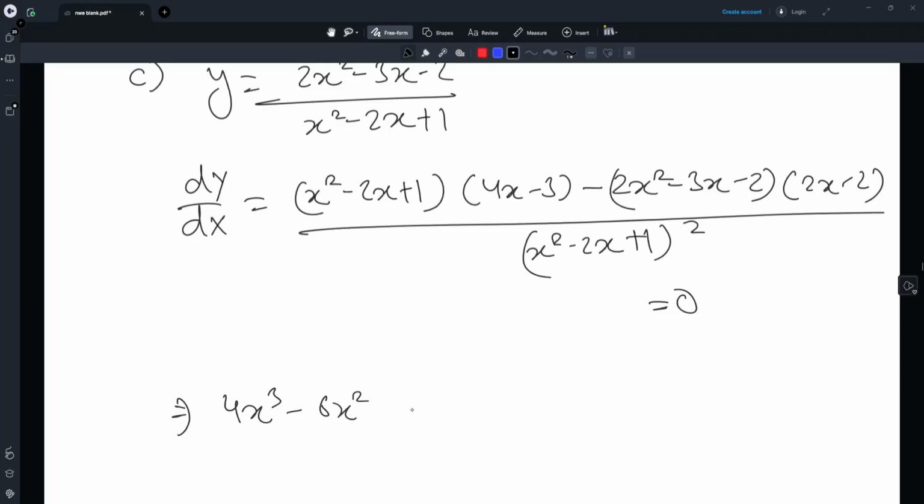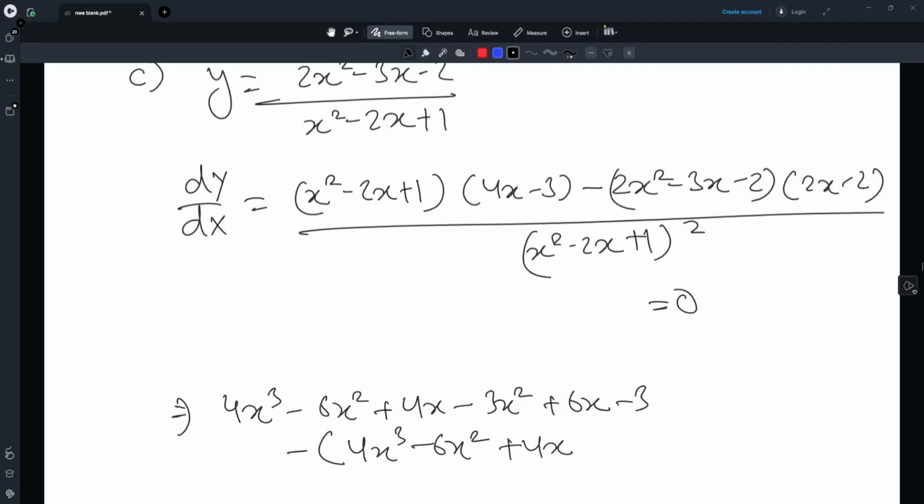Minus 6x squared, 4x cubed minus 6x squared, plus 4x minus 3x squared, plus 6x minus 3, minus 4x cubed. Okay, actually I don't need to do the cubic because I realized that I can cancel these two out. Minus 4x cubed, minus 6x squared. Actually, I can cancel even more.